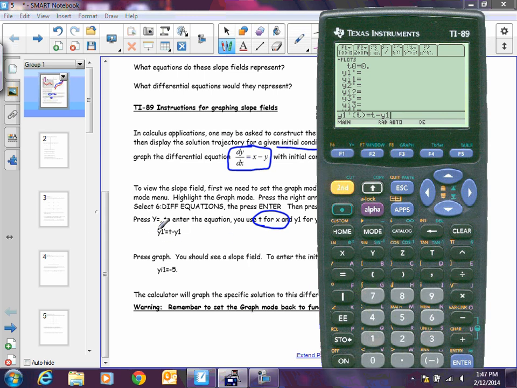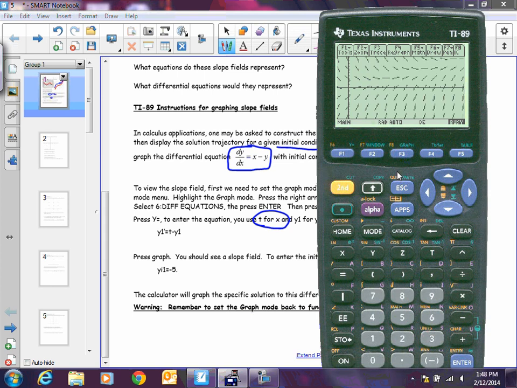It shows you what to do right here. So y1 prime would be t minus y1. You've got to know how to type it in right or it won't do it. Okay, so now let's graph it. Graph is right up here above F3, so diamond F3. Now your window may be different than mine, but you should get a slope field.